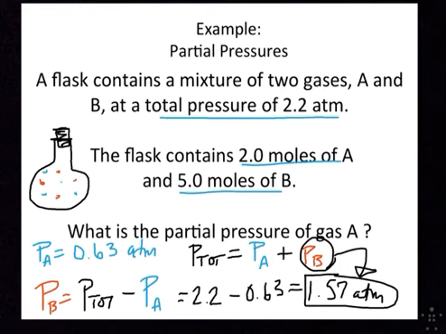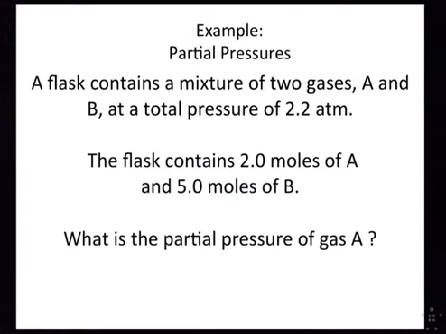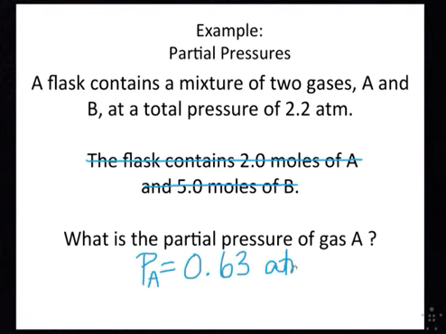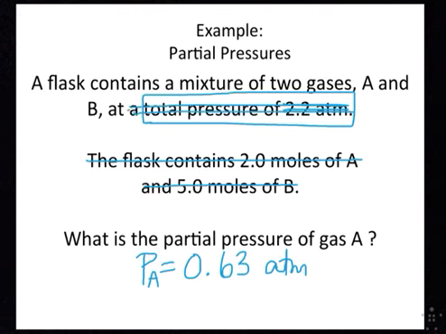Okay? Okay, so now let's change this problem a little bit. Let's say we don't know how many moles of gas A are in there. We know that the partial pressure of gas A is 0.63 atmospheres. And let's say we still have a total pressure of 2.2 atmospheres. Oh no, let's change it. Let's say we're at STP.